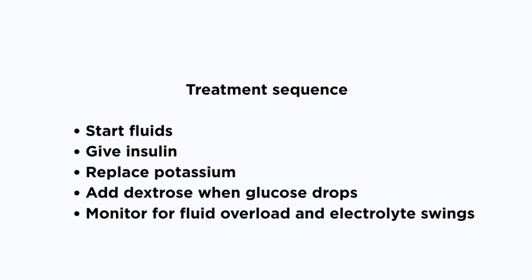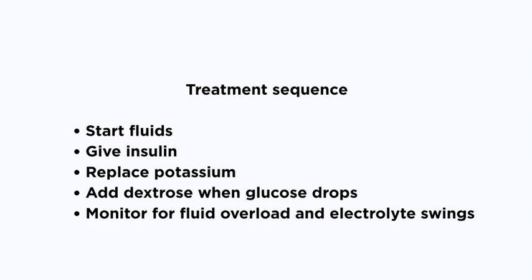And then at the same time, while you're giving insulin in this scenario, because you're trying to lower hyperglycemia, you kind of have to watch the potassium level, because that potassium level is going to go down. Then you're going to end up with hypokalemia. So the main thing is after giving insulin, you want to replace carefully the potassium level.